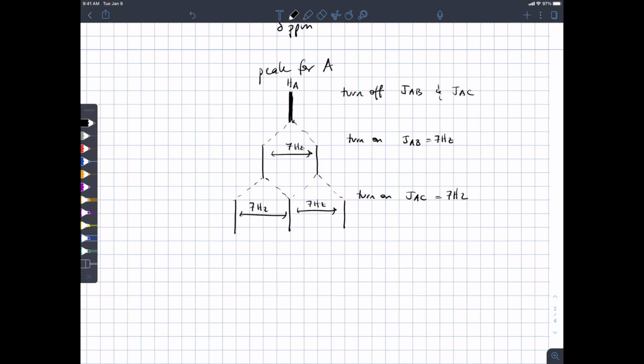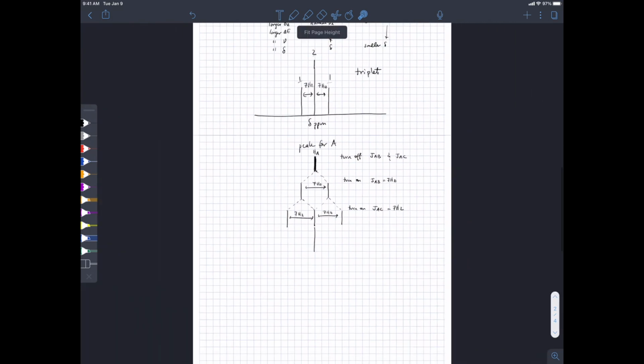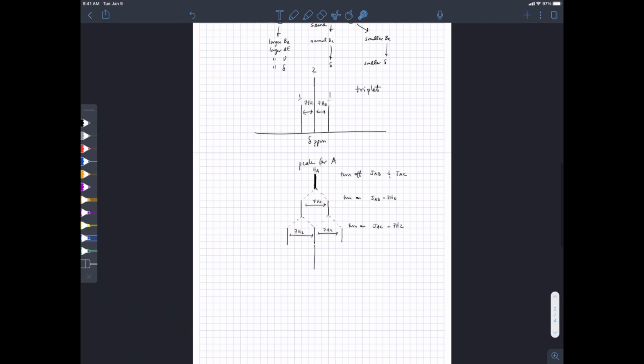And it's just going to happen that the 2 peaks will coincide in the middle, overlap with each other, and that's where we get the double intensity from. So those are 2 different, related ways to think about where a triplet comes from. And it's often useful to reason through this by thinking about turning on successive couplings.